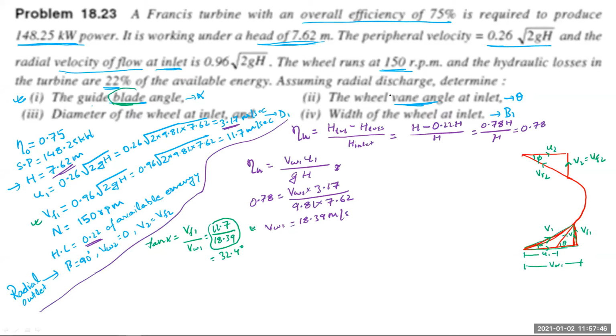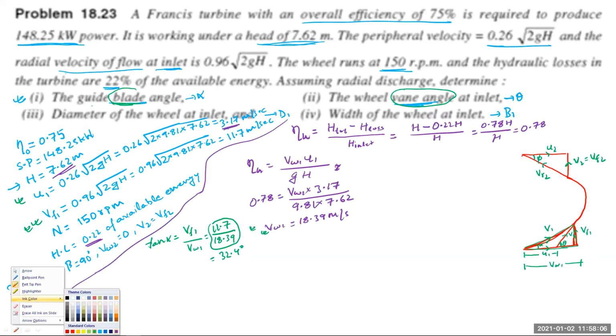Now in the second question, it is asking for the vane angle, means theta it is asking. So here you can see how you can calculate your theta. You know U1, you know VF1, you know VW1. So you can easily calculate tan theta.